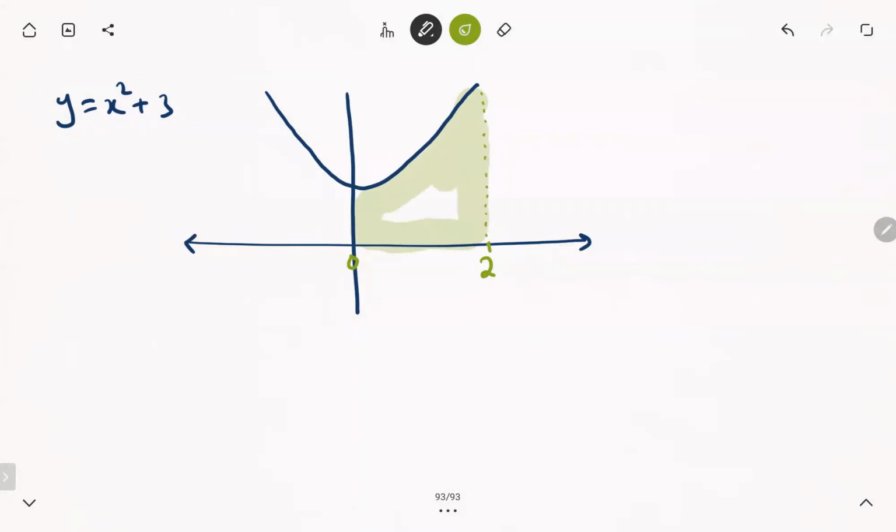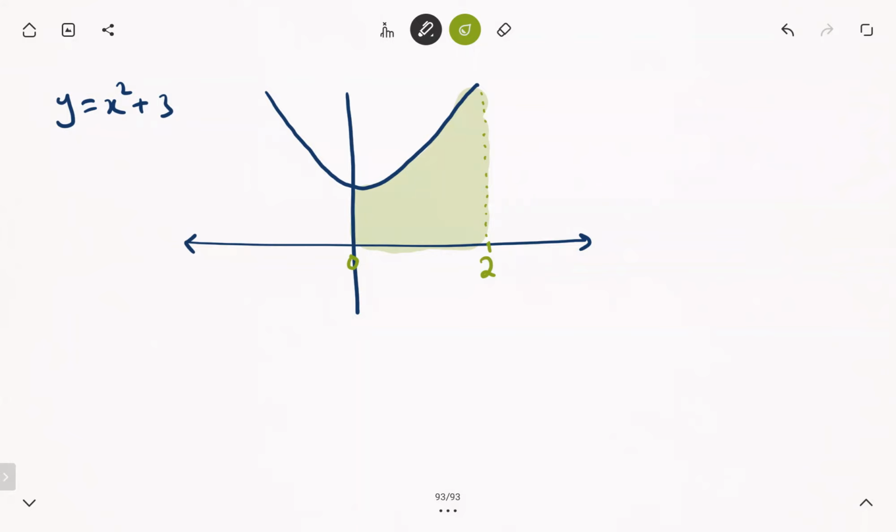This region is shaded. The question says, when this shaded region is rotated about the x-axis, find the volume generated by that 3D shape.